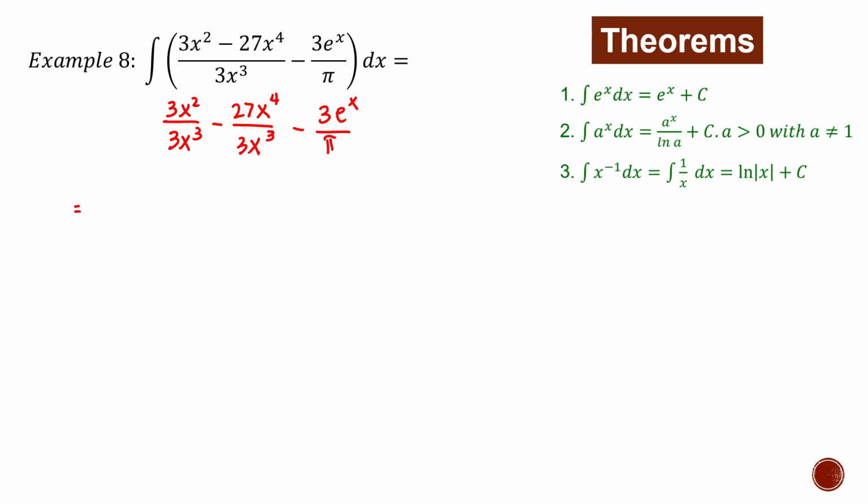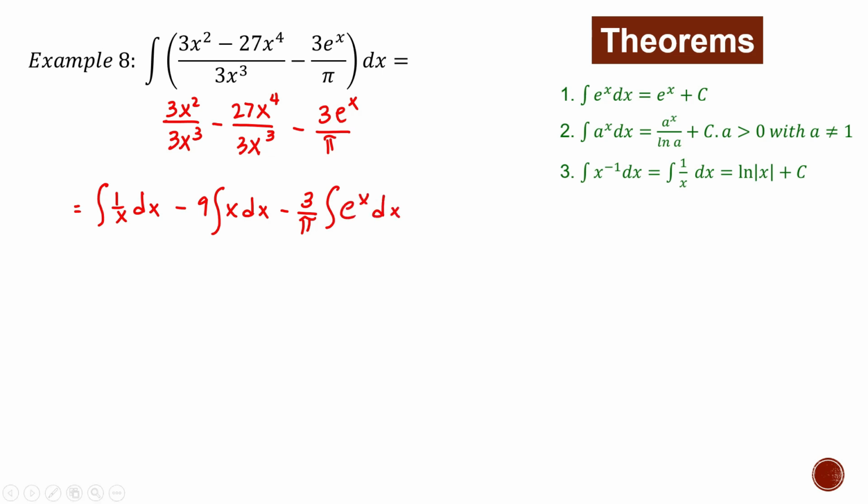Okay, so let's do this now. We can cancel the 3, right? So this will just be equal to 1 over x dx. And then minus, that's 9, so we can take that out. And then x dx. And then here what we can take out is that 3 over pi, because that's a numerical coefficient, e raised to x dx. You see that?